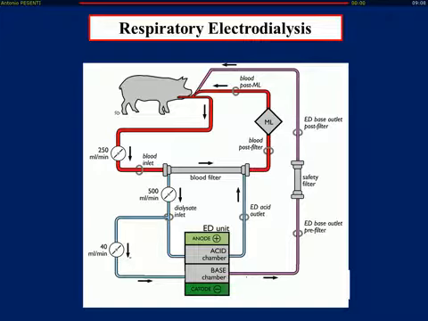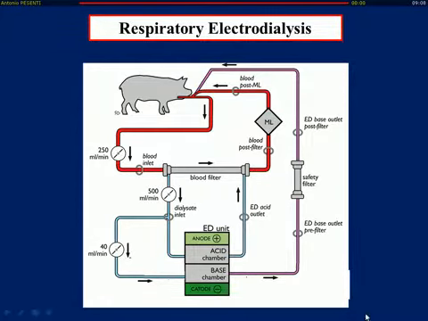And by applying electrodialysis to the ultrafiltrate, we can produce hydrochloric acid that is useful to remove CO2 and then give back the sodium to the animal.